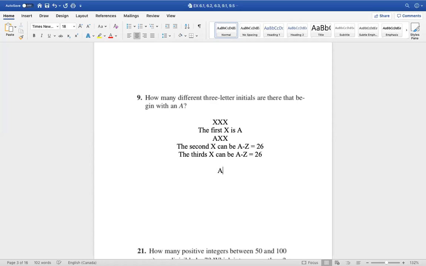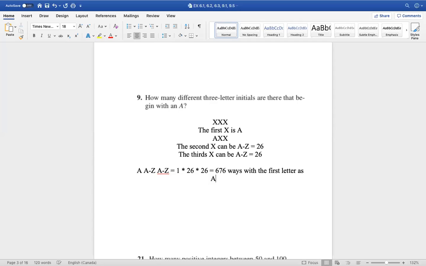So the first letter is A, the second letter can be anywhere between A to Z, and the third letter can also be anywhere between A to Z. So the possibility is 1 multiplied by 26 multiplied by 26, which is 676 ways with the first letter as A.